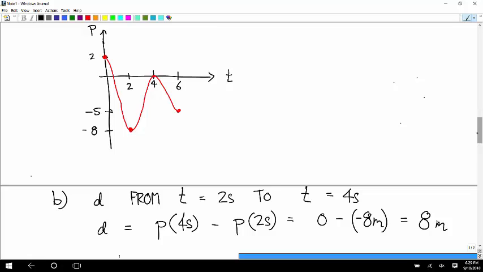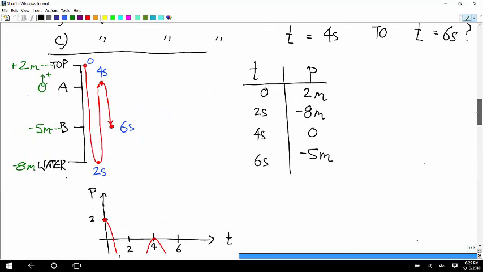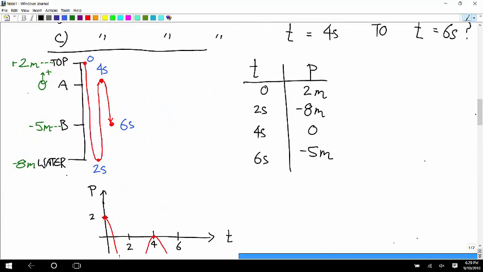So in this case, the person has gone in the positive direction 8 meters because they started down here at the water and ended up at that point.